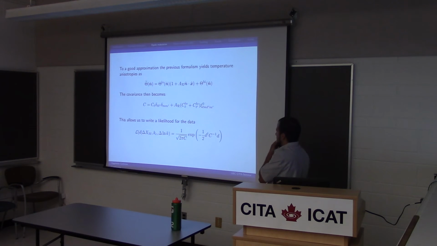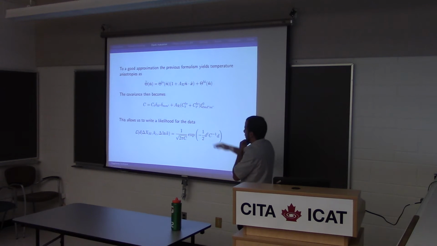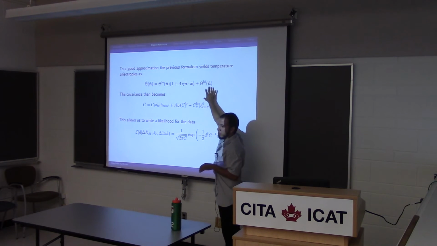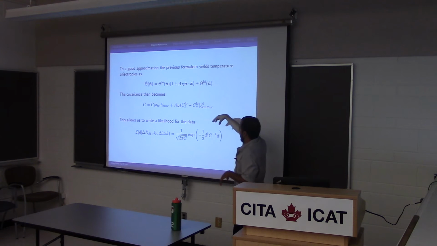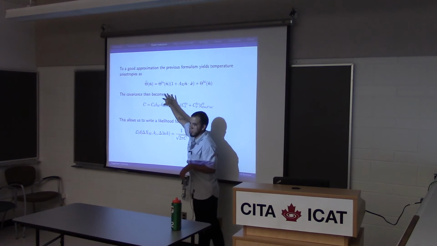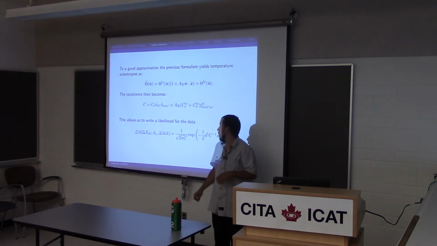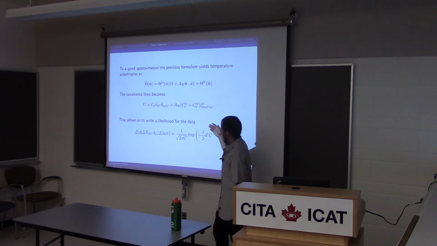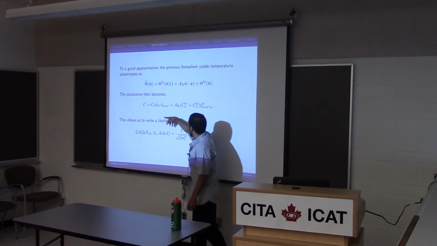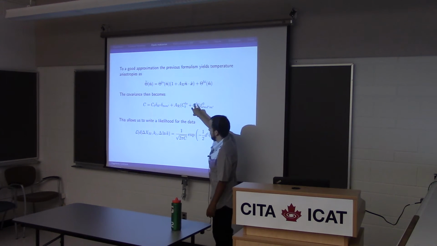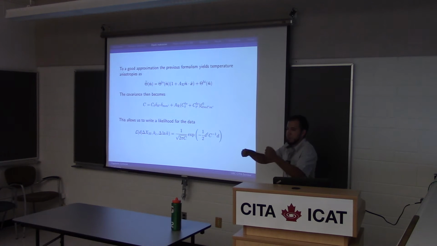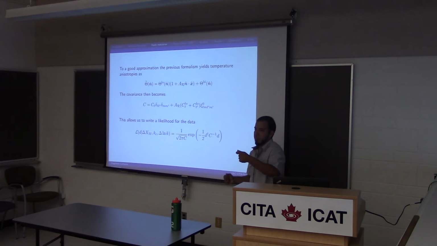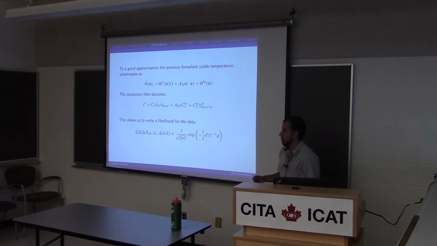Okay, so to a good approximation, I can write down the temperature perturbations as the regular temperature perturbations at high L, and a modulated piece that only couples to low L. And so the covariance looks like the isotropic piece plus the anisotropic part, and C low refers to the power spectrum I would get if I put in the P low power spectrum from the temperature.